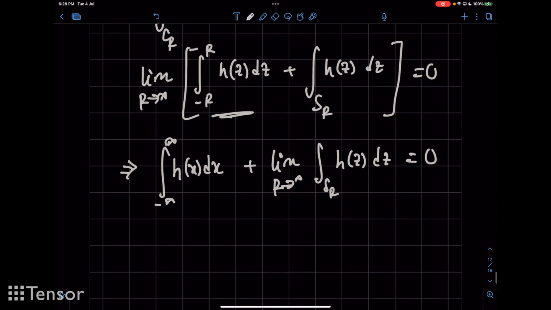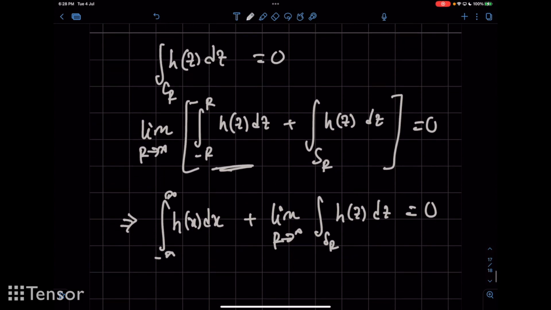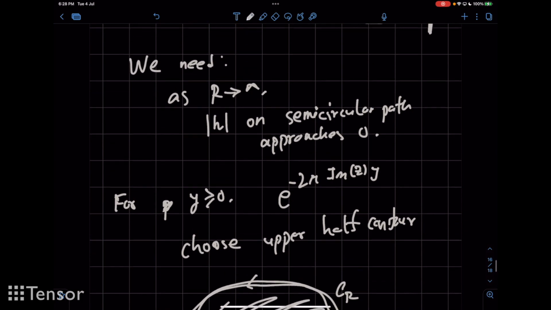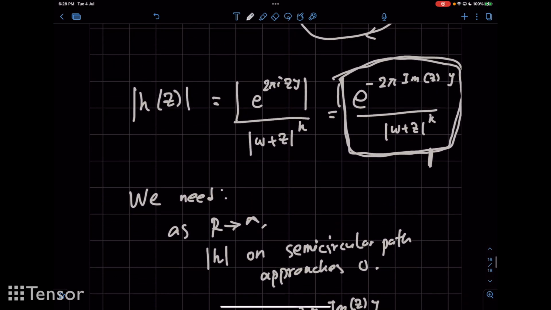We have chosen the upper half curve because on the upper half semicircular path, the absolute value of h goes to 0. It decays exponentially because it's e to the negative 2 pi times the imaginary part of z times y.